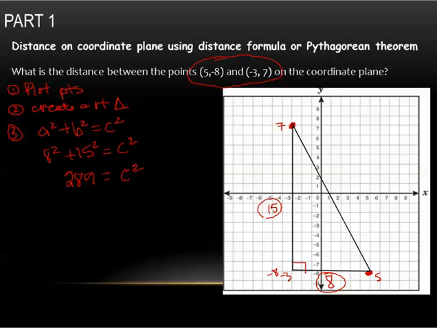And then I'm going to take the square root of 289. That's going to give me 17. Now remember, I took the square root of both sides. So this distance from 5, -8 to -3, 7, is going to be 17 units.